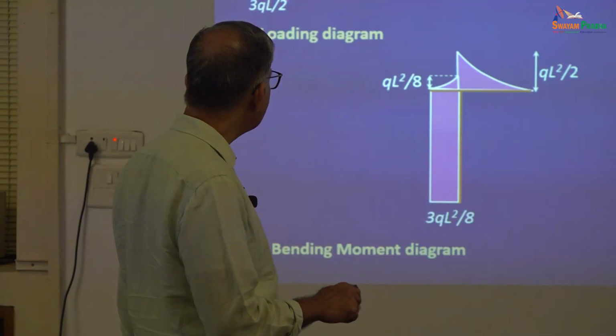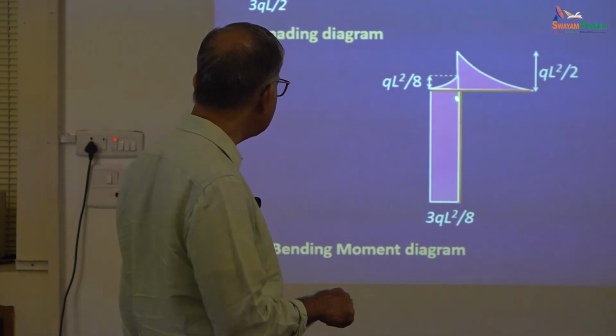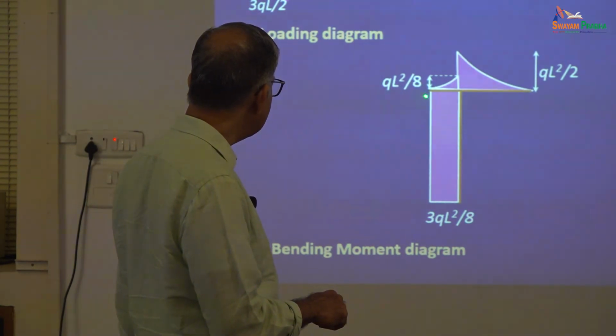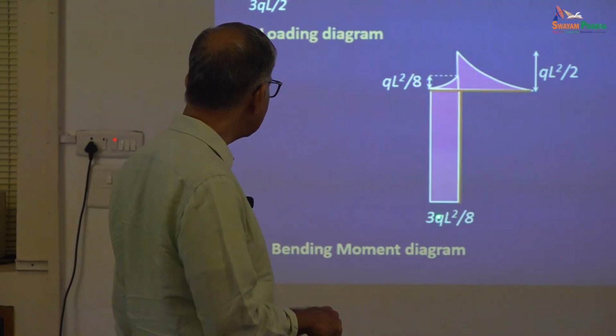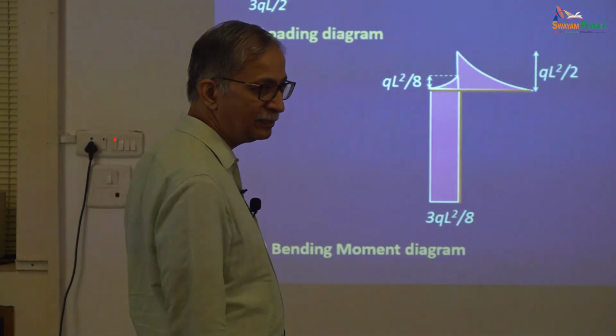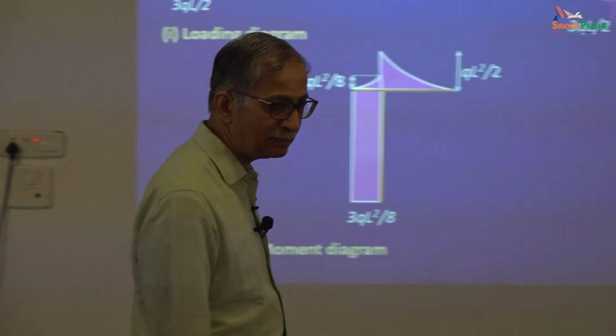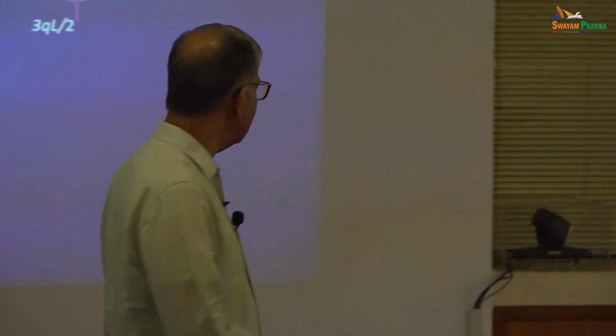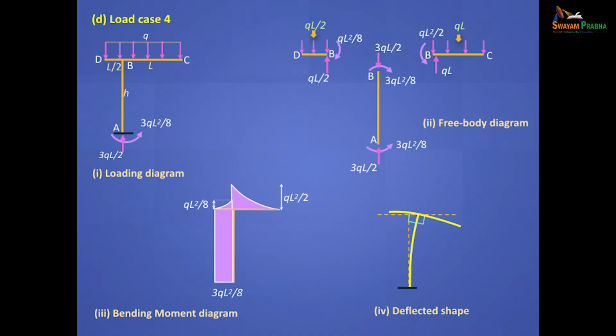And these two moments are equal and opposite. Their difference, this minus this, spills over here, and drawn on the tension side remains constant. Okay? Deflected shape, everything bends.